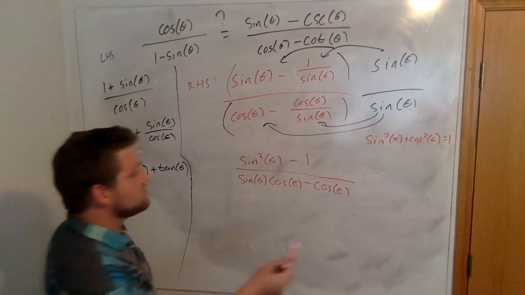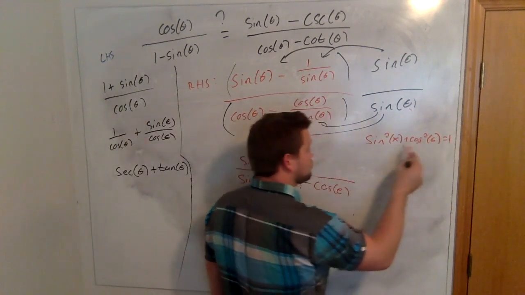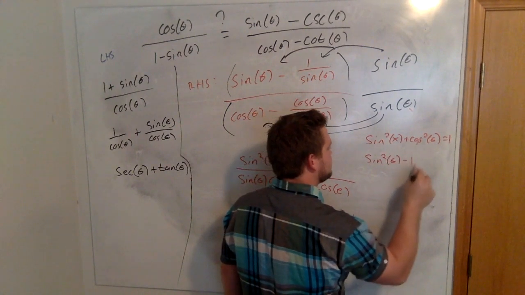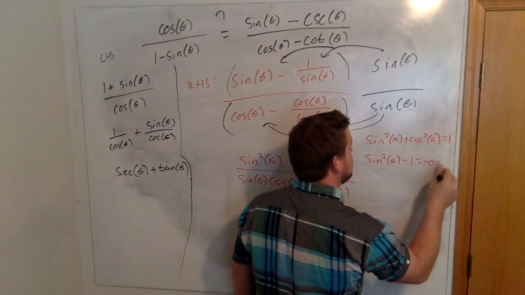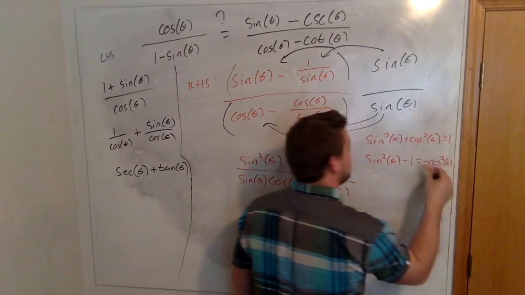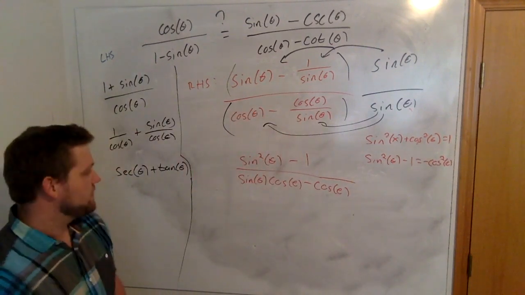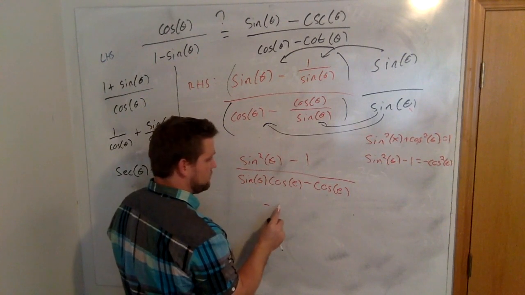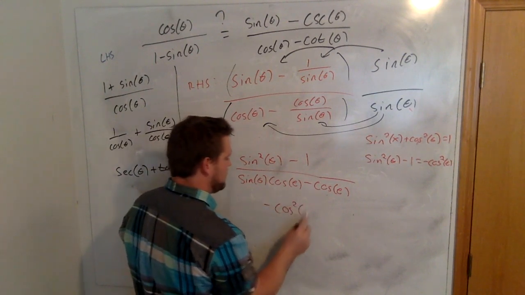So sine squared of theta minus 1 would be equal to a negative cosine squared of theta, just moving those pieces around.